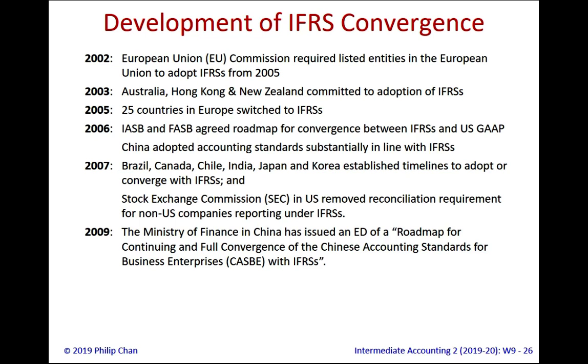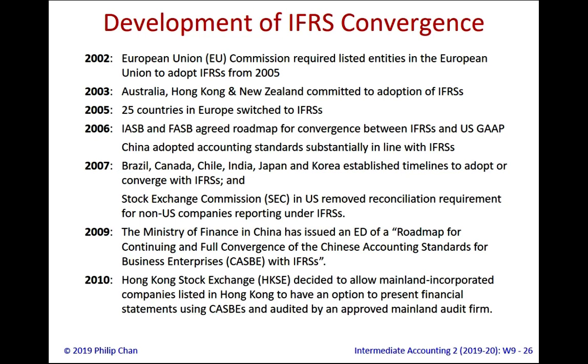In the year 2009, the Ministry of Finance in China issued an exposure draft of a roadmap for continuing and full convergence of Chinese accounting standards for business enterprises, in short CASBE, with the IFRS.